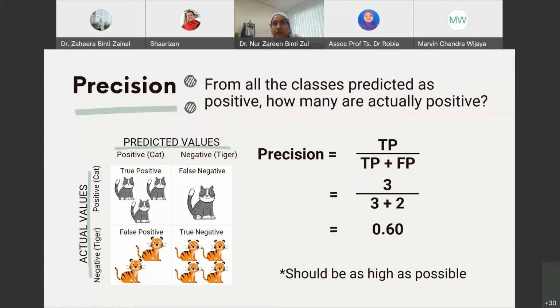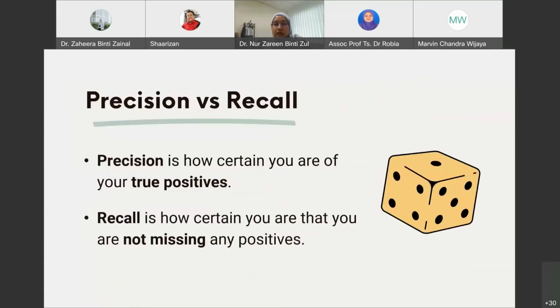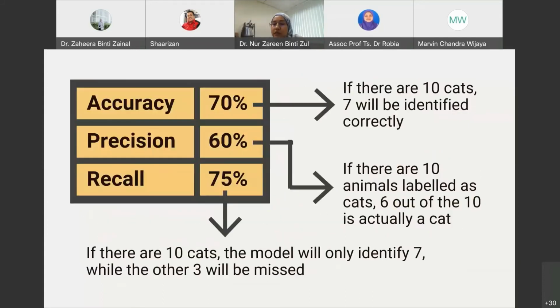If it's a four-class, six-class, or more, then maybe you would put it. But for a two-class, having a table like this would be good enough already. So you have the accuracy, precision, and recall, and you have the percentage, and you would try to interpret the data and discuss the result here, like what I did at the side here.